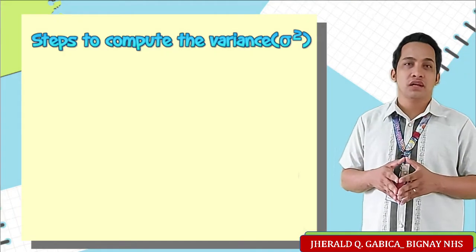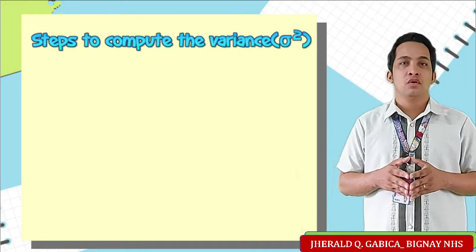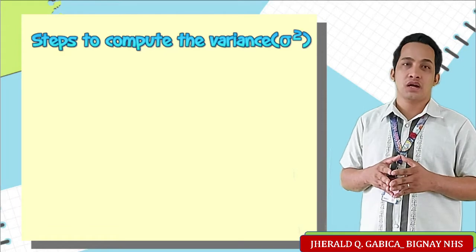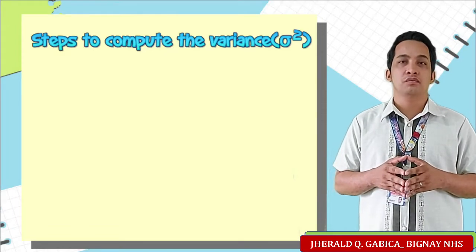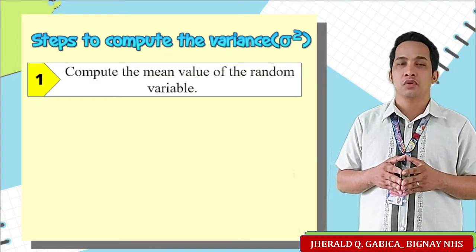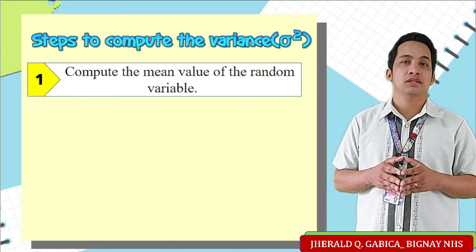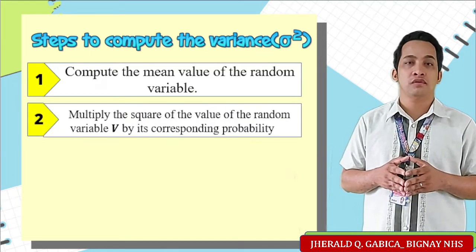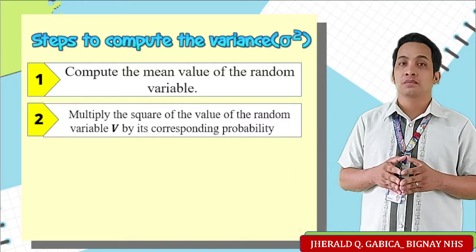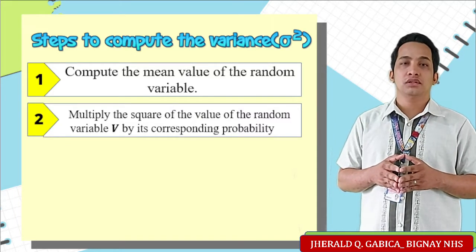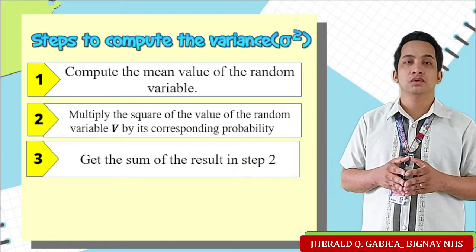To solve for the variance using the alternative solution, we will use the steps to compute the variance. So our first step is to compute the mean value of the random variable. Second is to multiply the square of the value of the random variable V by its corresponding probability. Third, get the sum of the result in step 2.